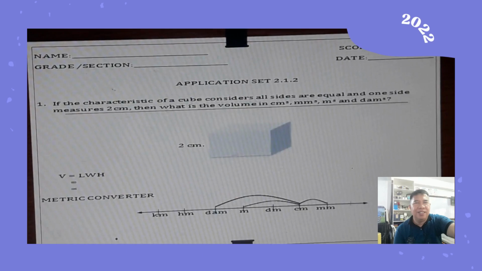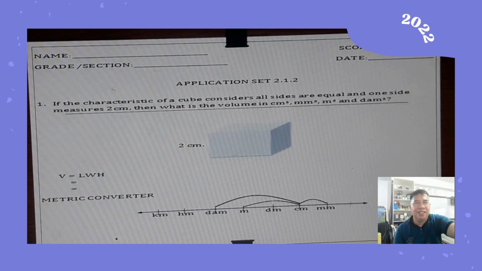So we are now on the application set. This will be your first performance task of this particular topic. The problem is, if the characteristic of a cube considers all sides are equal and one side measures 2 centimeters, what is the volume in cubic centimeters, cubic millimeters, cubic meters, and cubic decameters of the given solid?